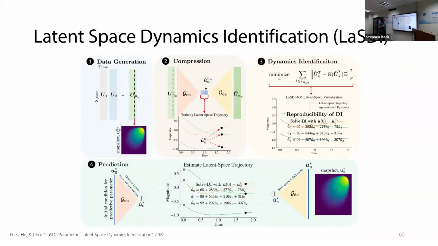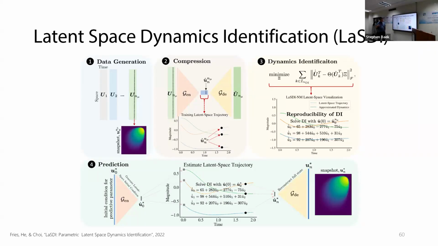So for the dynamics identification, what happens over there is, first of all, you would like to have the reconstructed dynamics be the same as the original dynamics. But also, in the latent space, they actually introduced a more analytic regression model.